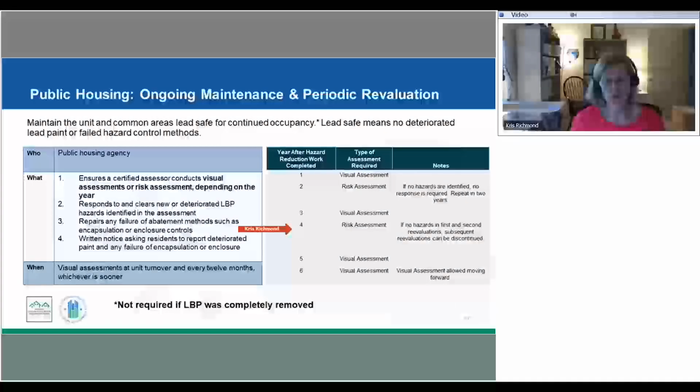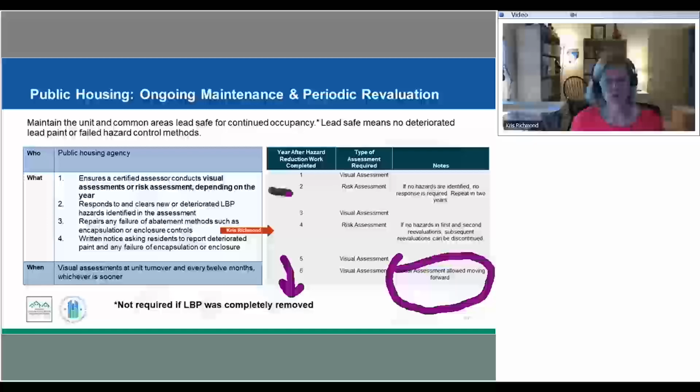And if no hazards are found in year 2 and year 4 during those risk assessments, then for the rest of the time, I'm allowed to just do visual assessments. Okay, so I'm allowed to do visual assessments moving forward if I pass year 2 and year 4 with those risk assessments. If for some reason it doesn't pass, then in year 6, I'm going to have to do a risk assessment again.